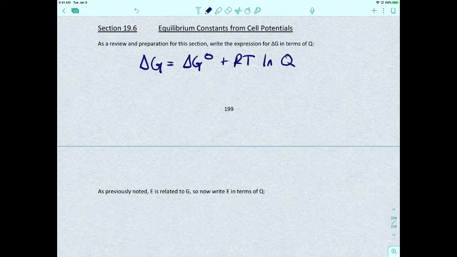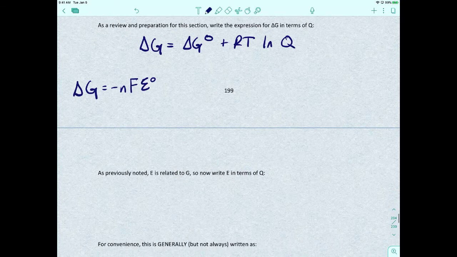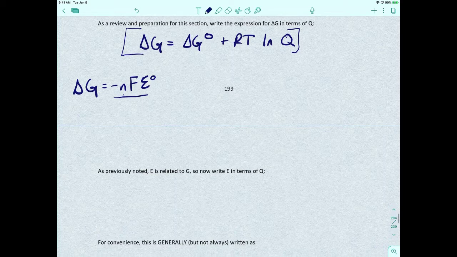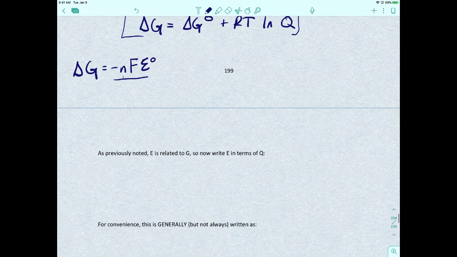Okay. Now, in this chapter, we've talked about this, that delta G is equal to negative N, the number of moles of electrons, times Faraday's constant times the cell potential. So what we're going to do is rewrite the first equation, but I'm going to replace both delta G terms with negative NFE, with the cell potential.